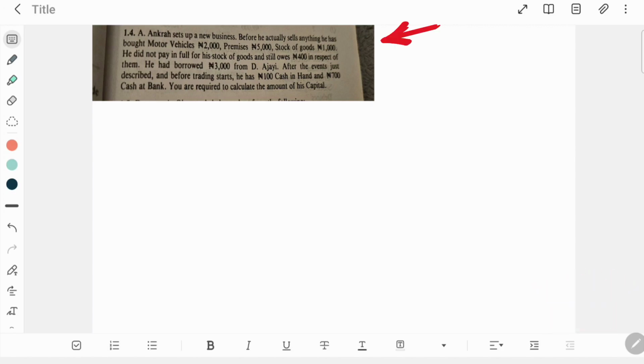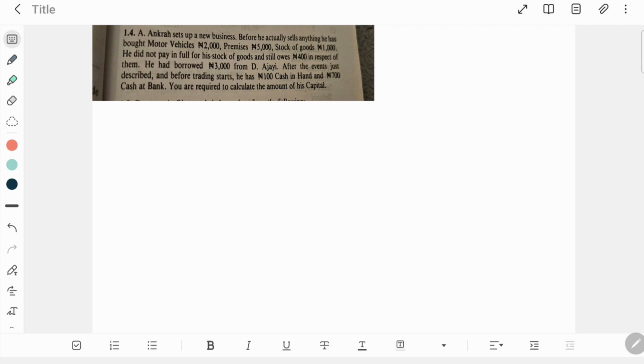Let's read through the question first. It says, Ankara sets up a new business. Before he actually sells anything, he has bought a motor vehicle costing 2,000 naira, premises 5,000 naira, and stock of goods 1,000 naira. He did not pay in full for his stock of goods and still owes 400 naira in respect of them.